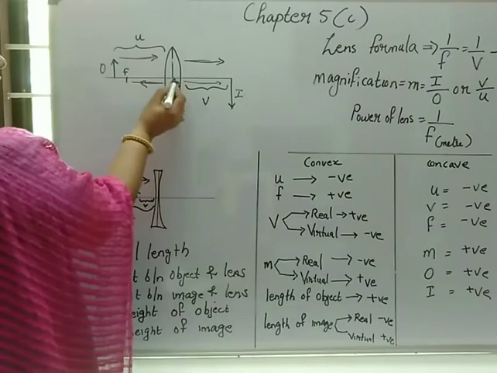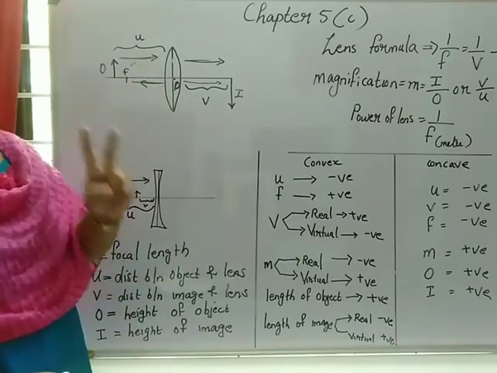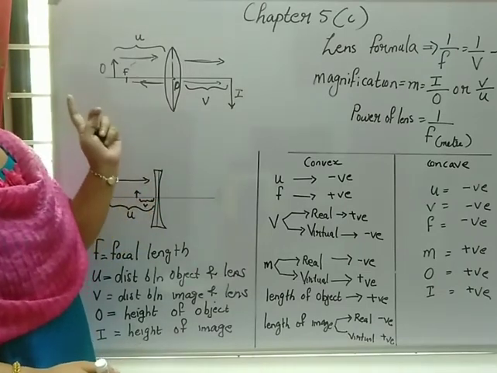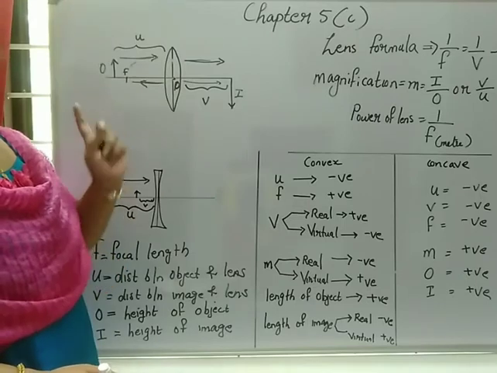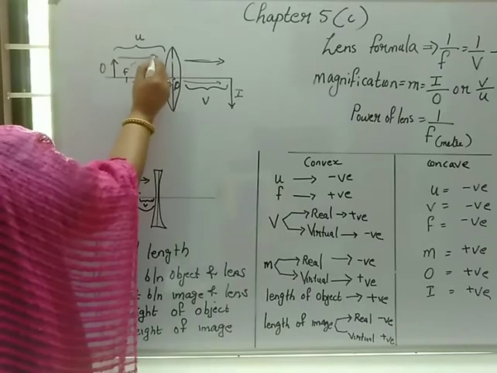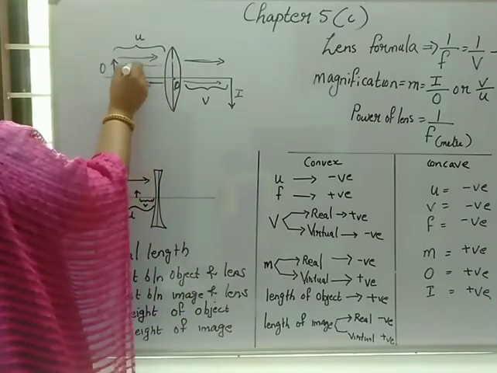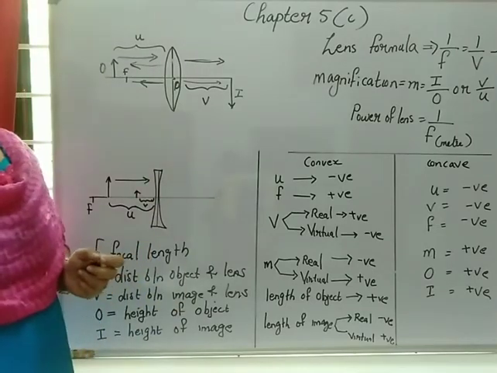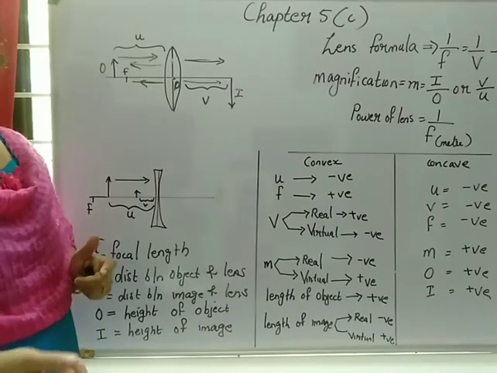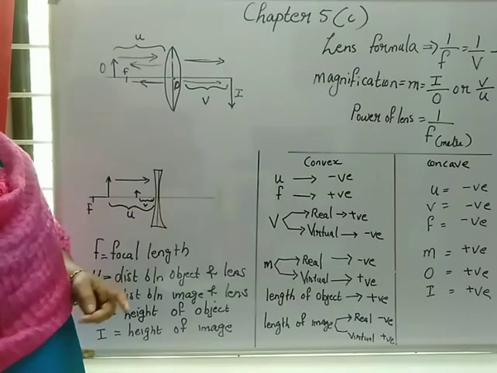So from optical center I have to measure in the opposite direction. According to rule 2, measurements in the direction of incident ray are positive. Here incident ray is moving in forward direction and we are supposed to measure the length in the opposite direction. So we will take U as negative for a convex lens.